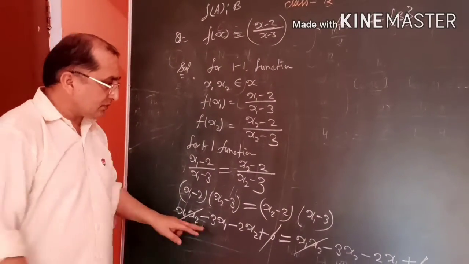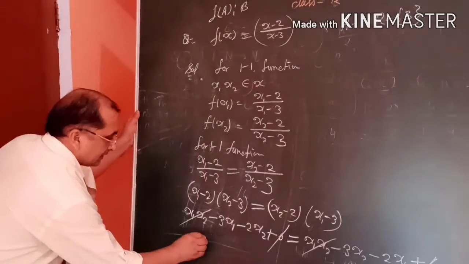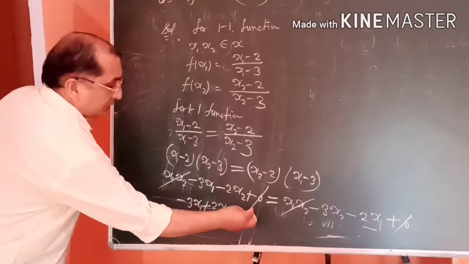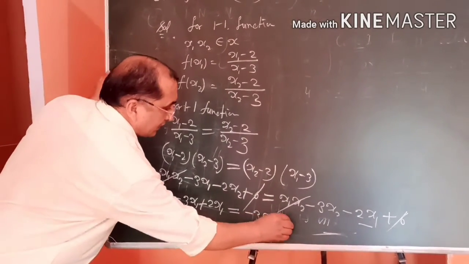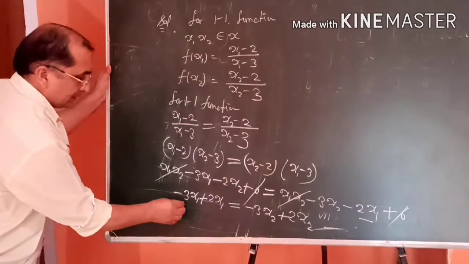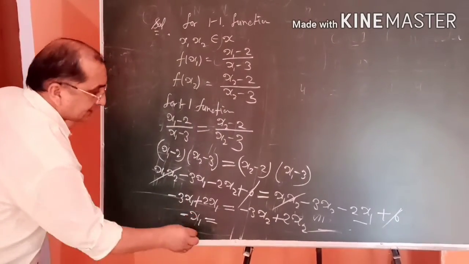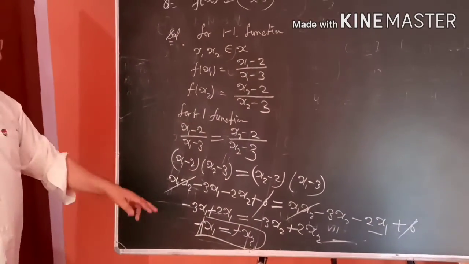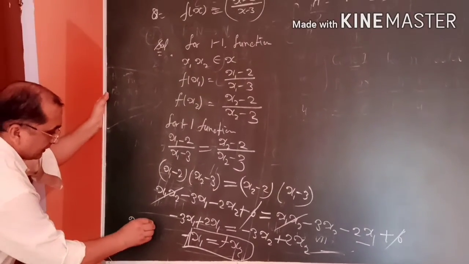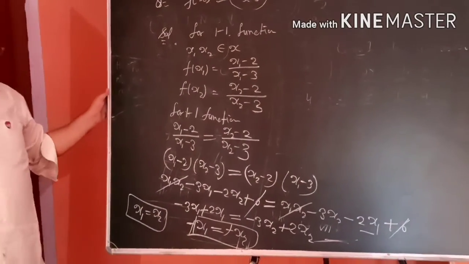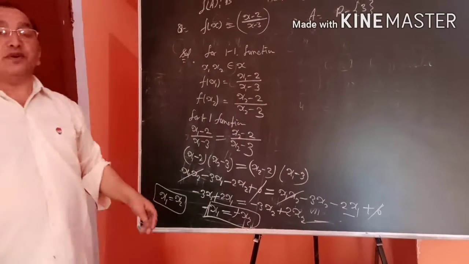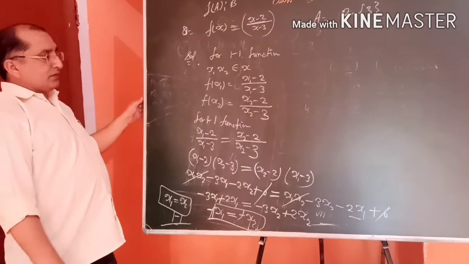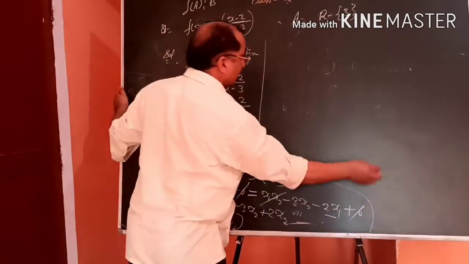Now see, 3x1 plus 2x1 equal to 3x2 plus 2x2 will come, and it will come minus x1 equal to minus x2. Minus minus will cancel, and we have x1 equal to x2. It means the given function is one-one, because if x1 equal to x2 is coming, the given function is one-one.